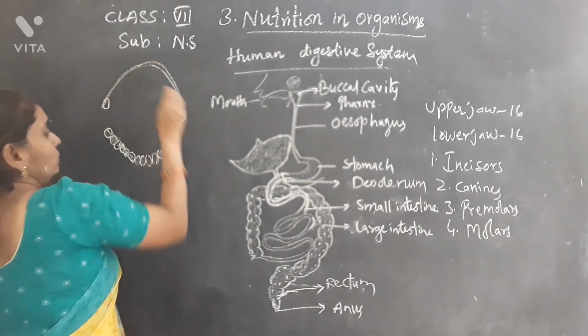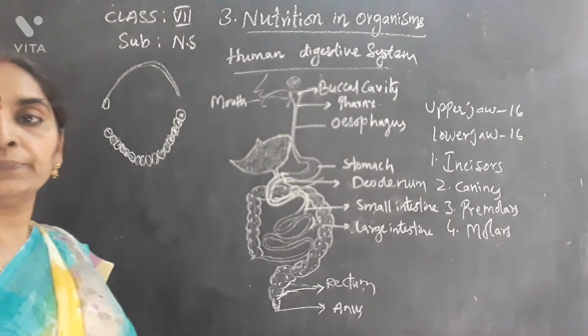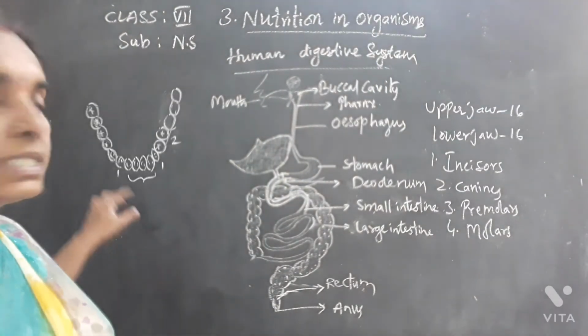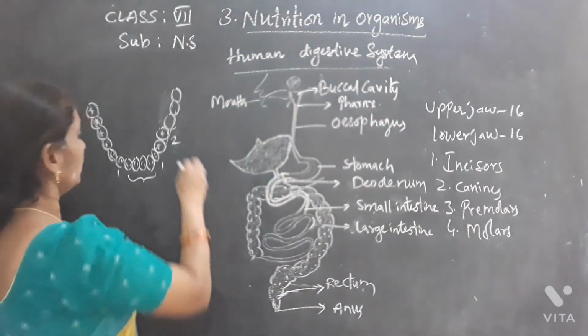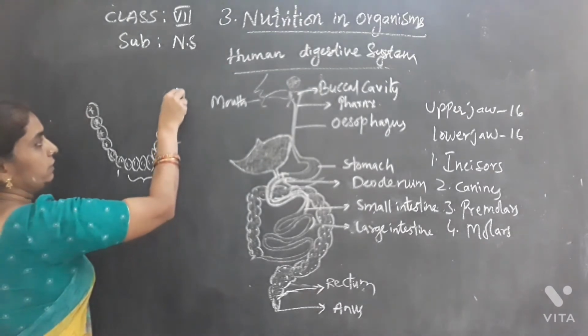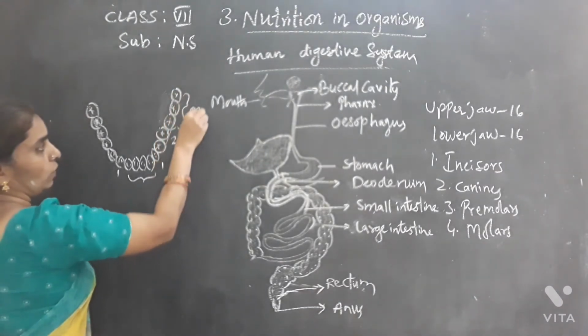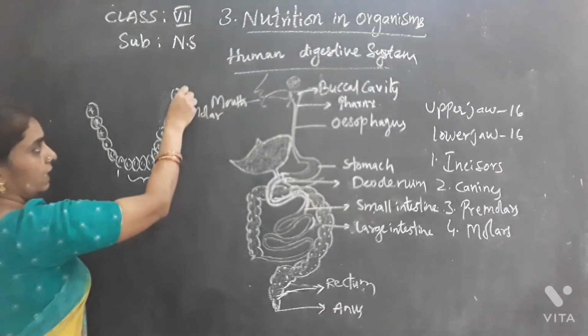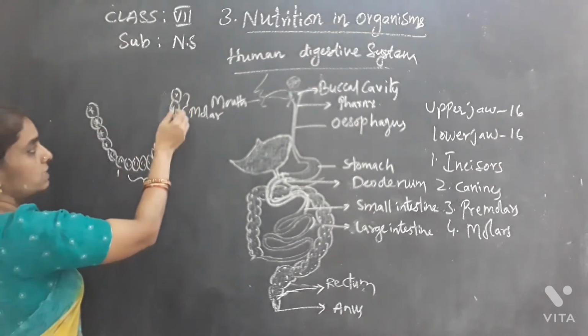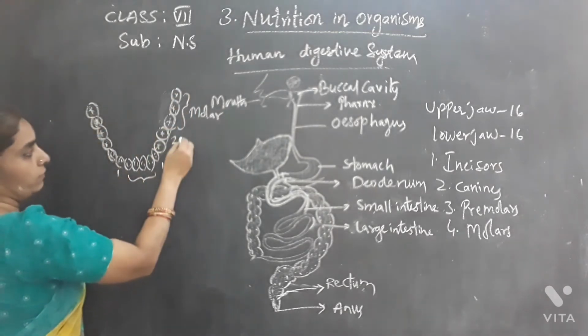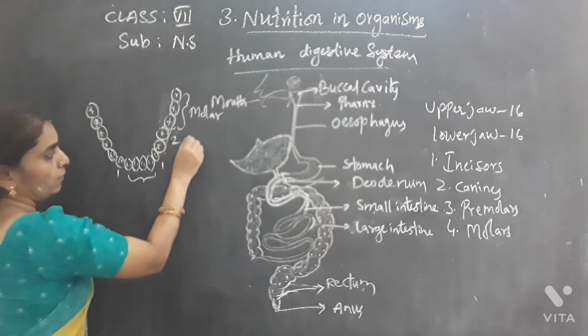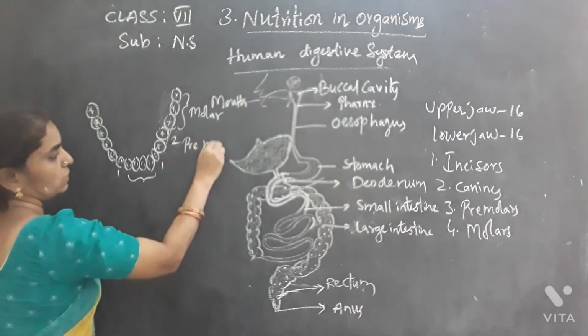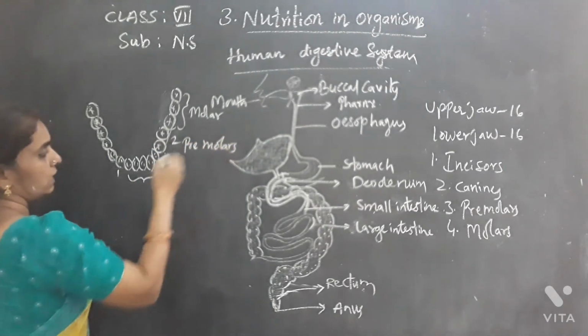So this is how we can draw the structure. See children, this is the lower jaw, where you find molars, 3 on both sides, that is 6 you have, and 2 premolars on each side, that is 4 premolars in the lower jaw.